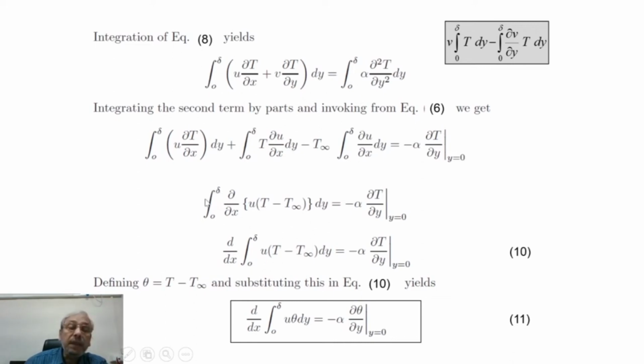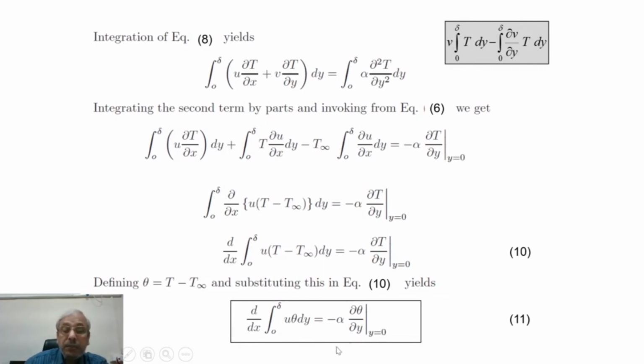Again, differentiation under the sign of integration by applying Leibniz rule, we can write d/dx outside, integral 0 to delta u (T minus T infinity) dy equal to minus alpha del T del y at y equal to 0. And if we define theta equal to T minus T infinity, then this integral becomes d/dx integral 0 to delta u theta dy equal to minus alpha del theta del y at y equal to 0.